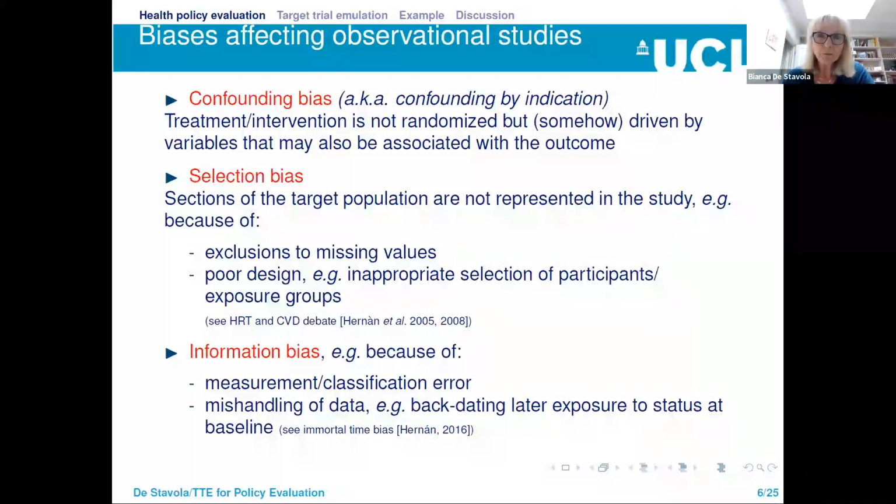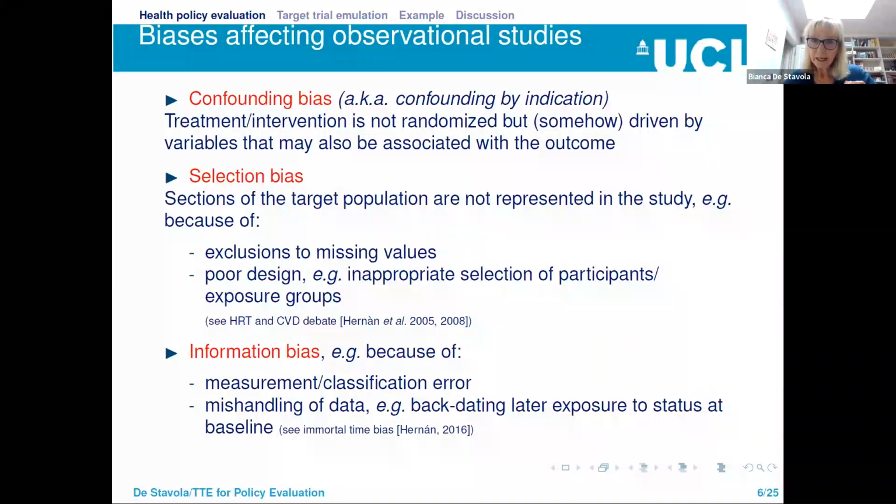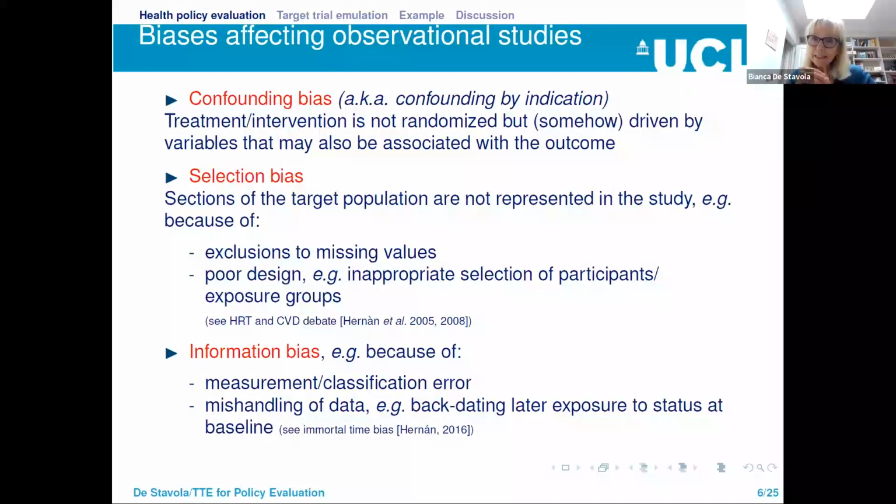But the additional point in the second bullet point here is mishandling of the data. And that's something that has been highlighted in the debate about how to use observational data efficiently for causal inference. That's when, for example, information on exposure or treatment which is collated from administrative data may be erroneously backdated to the start of follow-up time.